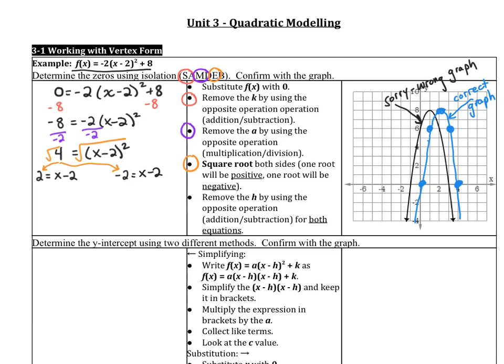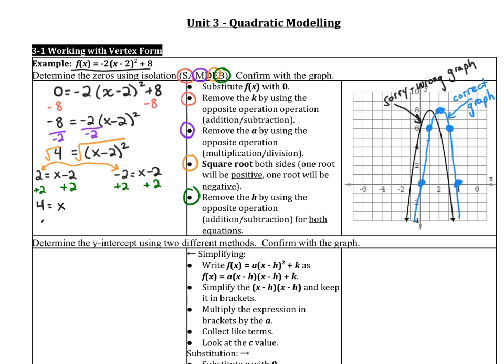And the last thing to do would be to get rid of what was in the bracket. In this case, it was a minus 2. To get rid of the negative 2, you're going to do the opposite operation, which means you're going to add 2 to both sides. So you end up with your first 0 being at 4, so that coordinate is (4, 0).